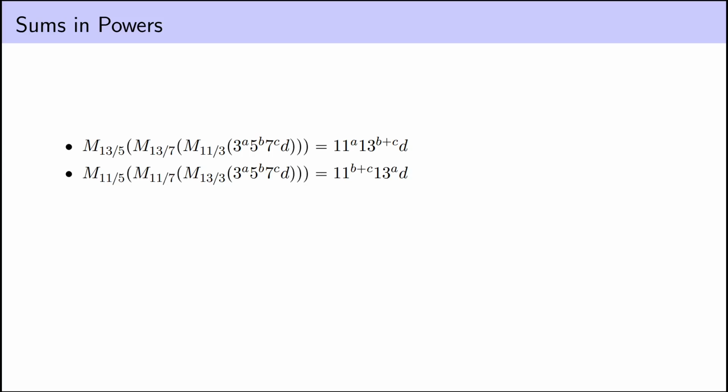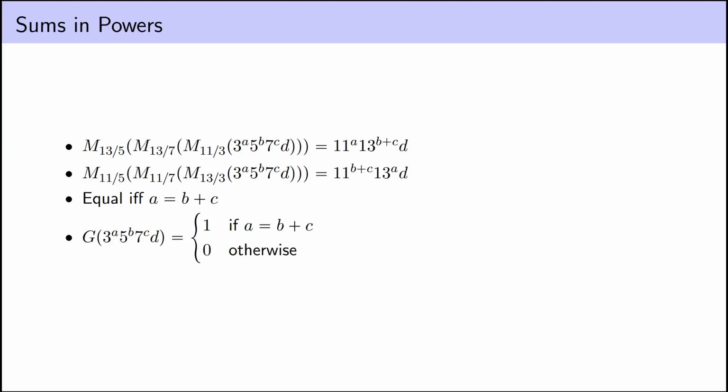If we do the reverse, if we turn the 3's into 13's and the 5's and 7's into 11's, the result will have 11 to the b plus c and 13 to the a in place of those original factors. These will be equal if and only if a is equal to b plus c, if the number of factors of 3 is the sum of the number of factors of 5 and 7.